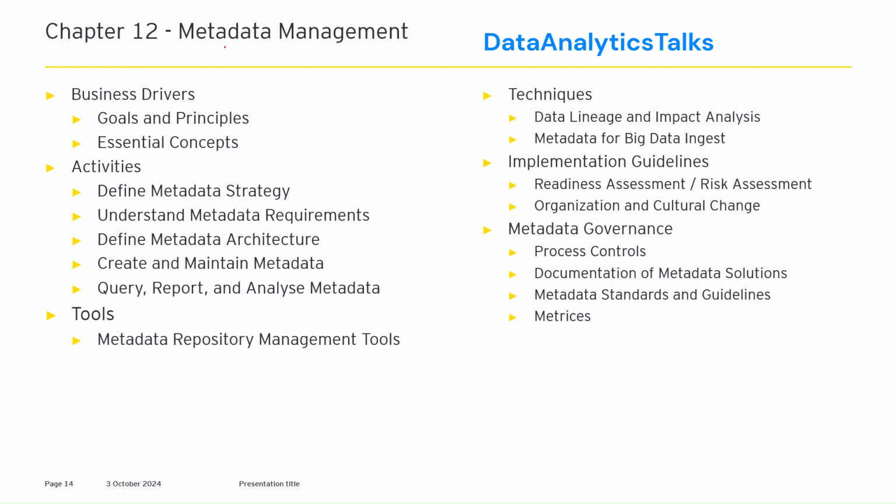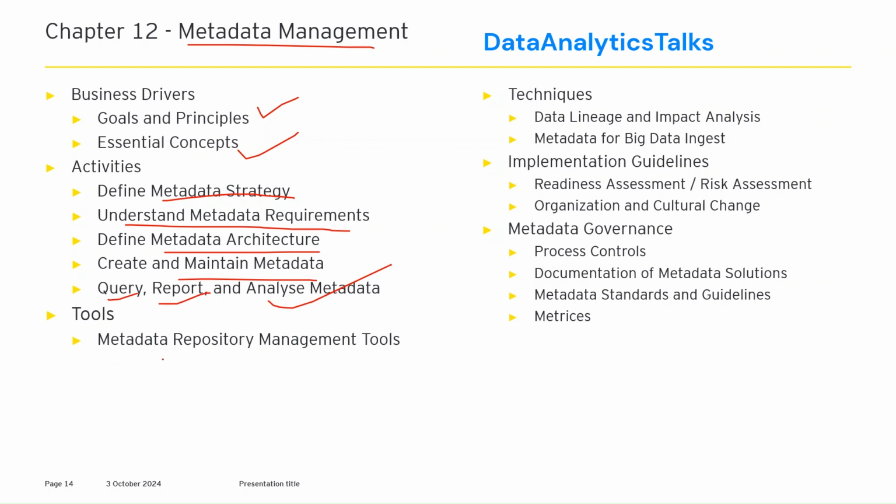So chapter 12, we have the metadata management. Here we talk about the goals and principles and essential concepts. We define the metadata strategy, then understand metadata requirements, define metadata architecture, create and maintain the metadata, query, report, and analyze metadata.